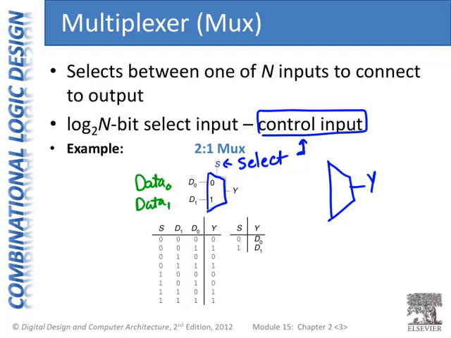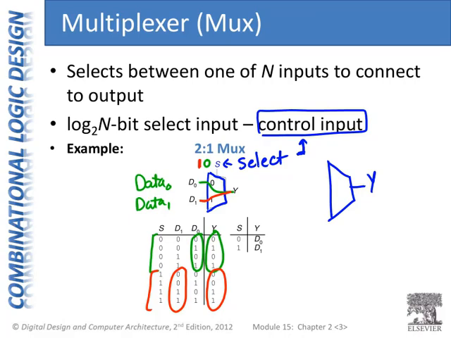When select is 0, the input D0 gets fed to the output Y. As you might expect, when select is 1, D1 gets fed to the output Y. So it's basically routing either D0 to the output Y or D1 to the output Y.